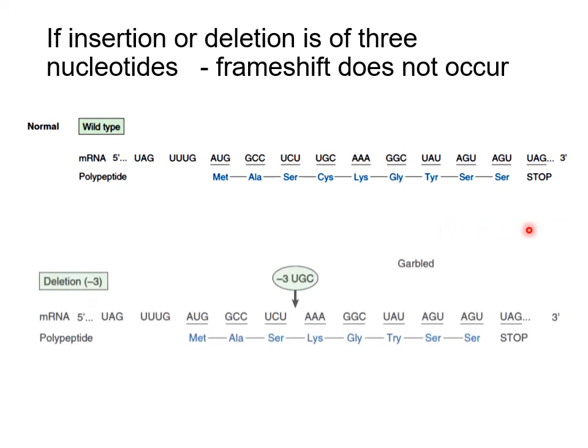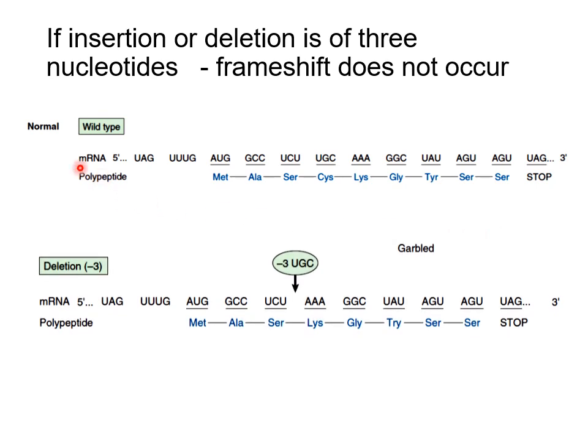To understand this, let us take this one example here. You can see that this is the normal mRNA giving rise to this particular protein having these various amino acids: methionine, alanine, serine, cysteine, lysine. Now, if we remove three nucleotides from this position, that is UGC, then there is a missing cysteine over here. So after methionine, alanine, serine, there is a jump to lysine.